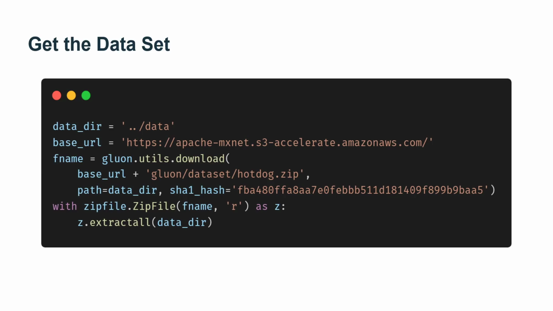We first download the compressed dataset to the path data. Then we unzip the downloaded dataset in the path and get two folders, hotdog/train and hotdog/test. Both folders have hotdog and not-hotdog category subfolders, each of which contains the corresponding image files.